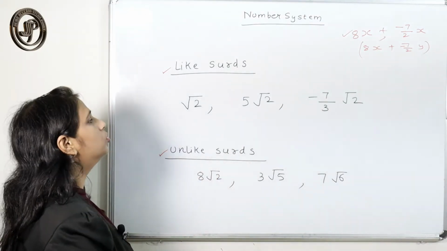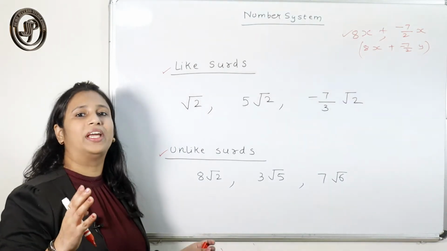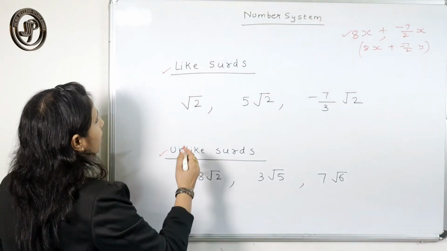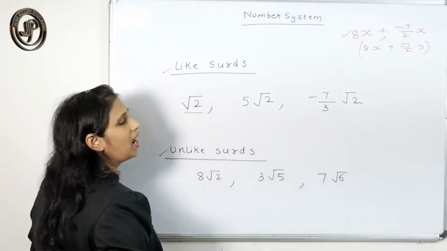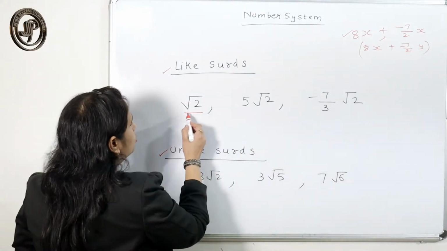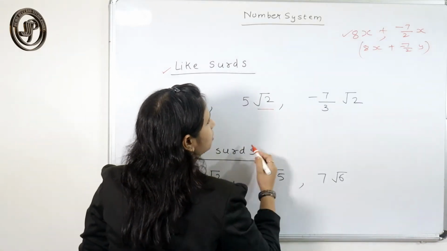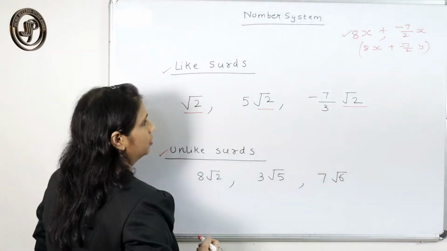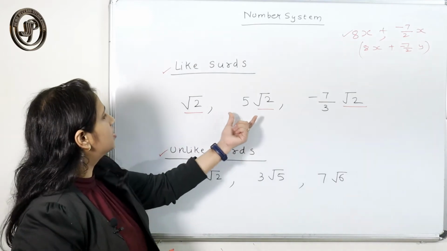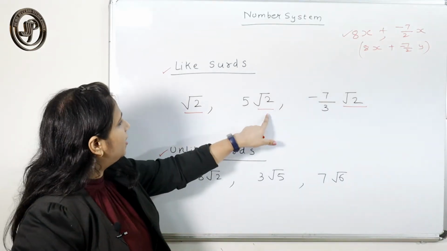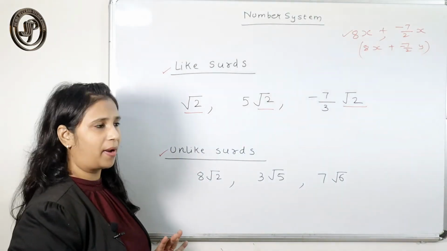Now here also, if you are doing operations on surds, then you should know what are like surds and unlike surds. So root 2 is a surd, this is a surd, this is a surd. If the surd is the same, then anything outside the surd does not matter.